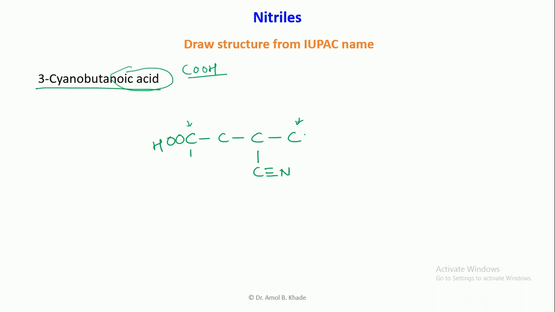So this will get number 1, this will be 2, this will be 3, and this will be 4. 3-cyanobutanoic acid, nothing else. So you can attach the hydrogen atoms to complete the valency of this carbon. So this will be H and this will be CH2. So this is how you can write the structure of 3-cyanobutanoic acid.